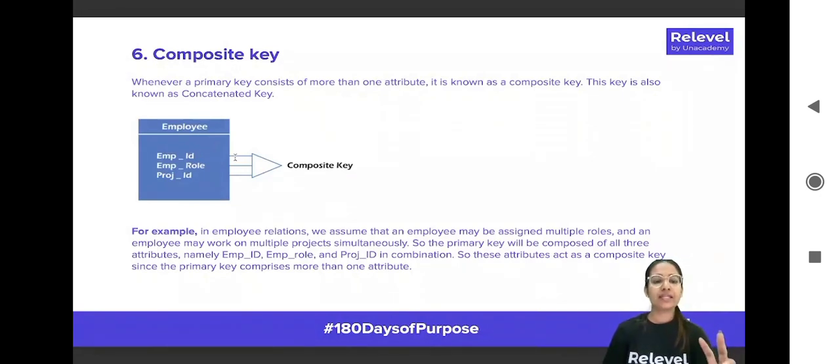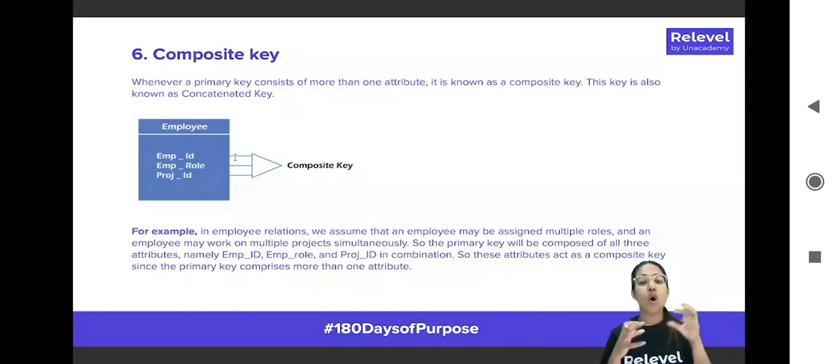For example, in the employee relations table, we see that an employee may be assigned multiple roles, and an employee can work on multiple projects simultaneously. So the primary key will be composed of all three attributes, the employee ID, employee role, and the project ID in combination.